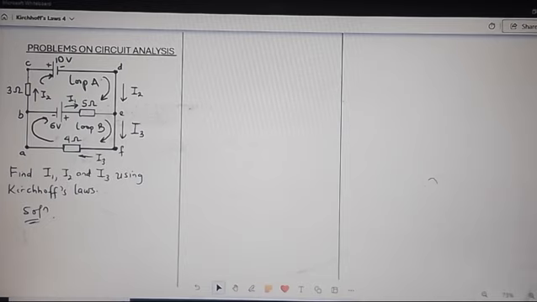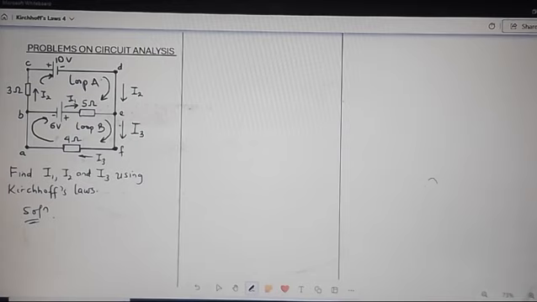If you check all the points A, B, C, D, E, F, you discover that at point E you can easily apply the law, because I2 is entering point E, I1 is also entering point E, and I3 is leaving point E.